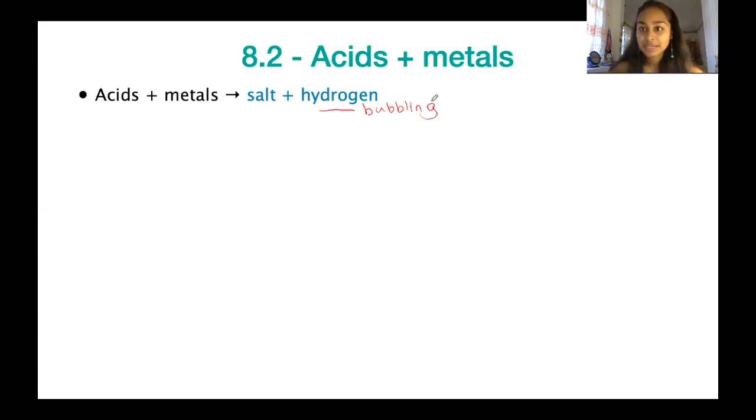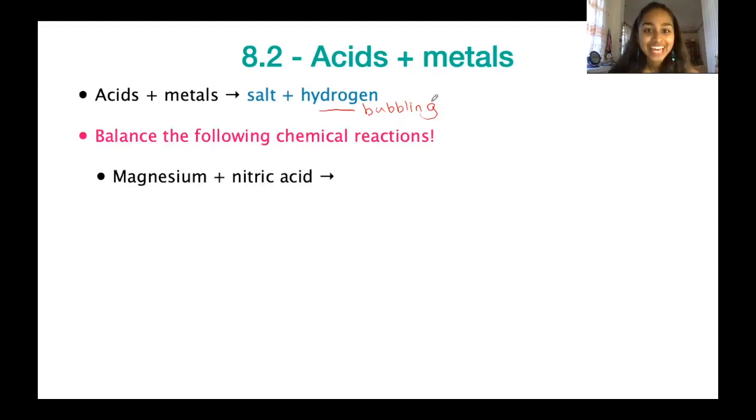When asked about an observation, you should never say that you observed hydrogen being released, because you don't know that it's hydrogen, you only know that it's a gas. So that's one thing to bear in mind in terms of qualitative observations.